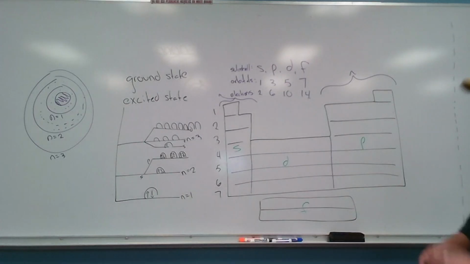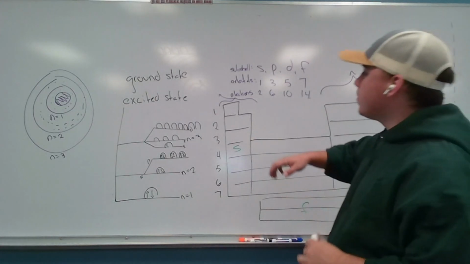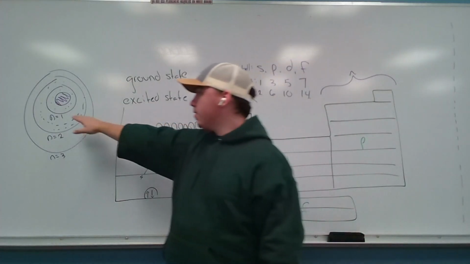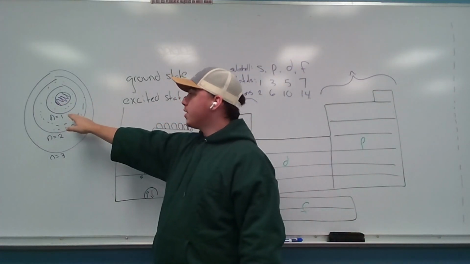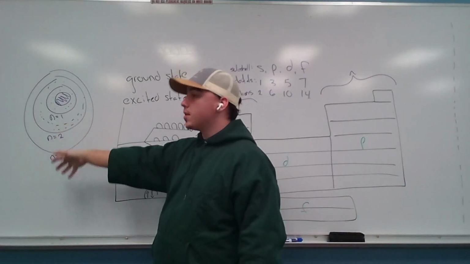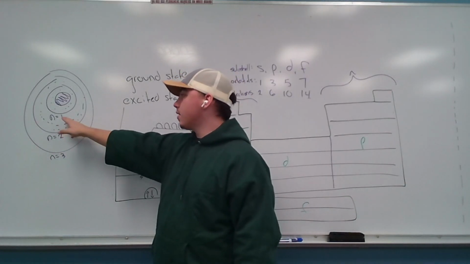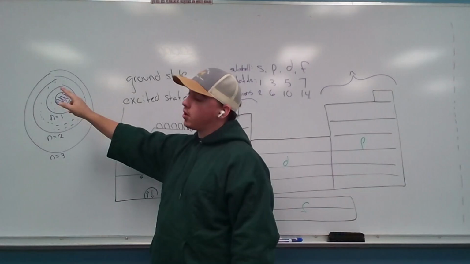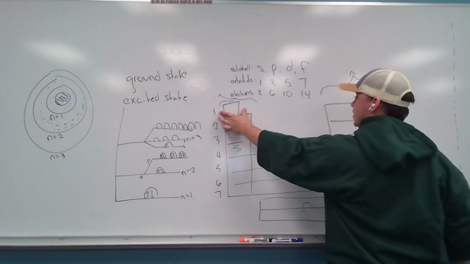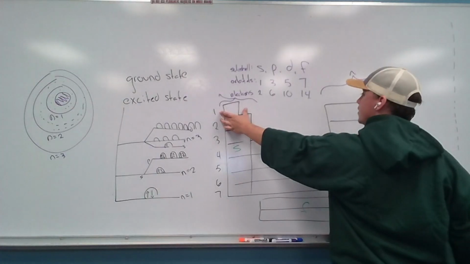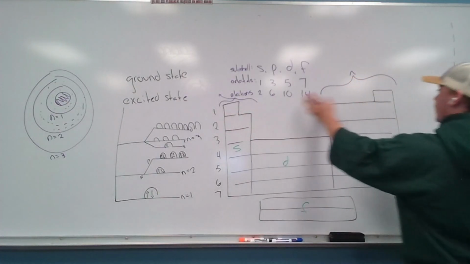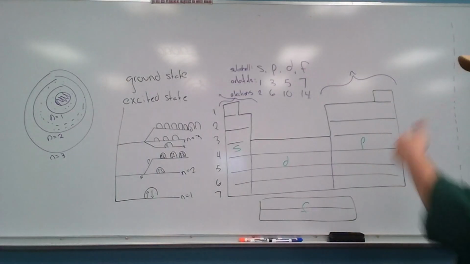So why is it like this? Well, remember that electrons fill up from the bottom up, and each shell only has a certain number of subshells, depending on which one it is. Like n equals 1 has one subshell. So the first period is the first shell, which only has one subshell, so it's not going to fill up any more than 2 electrons.